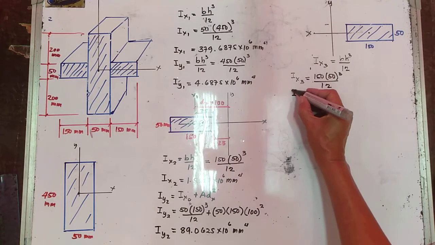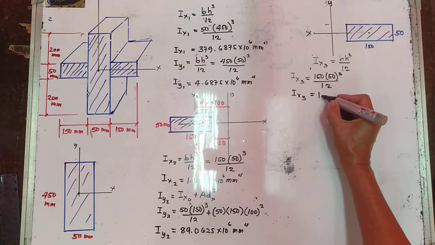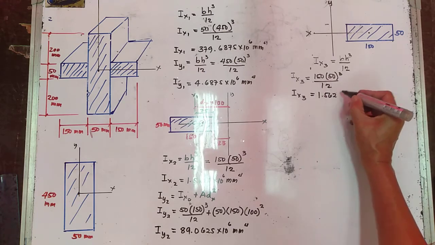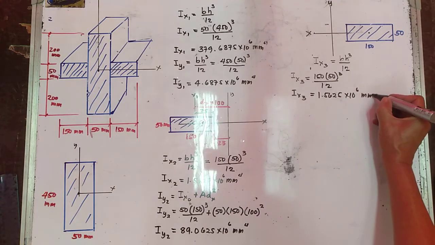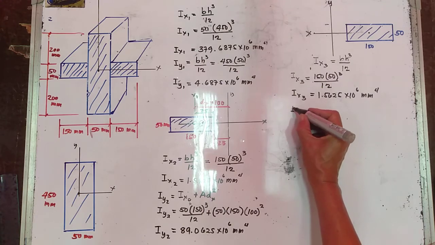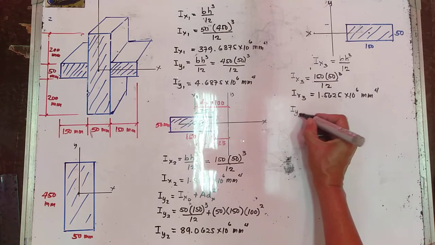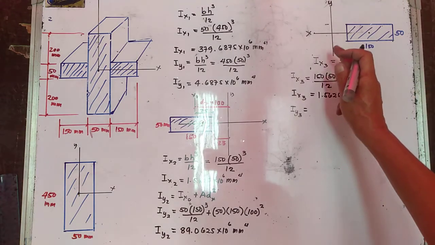So your Ix3 is equal to 1.5625 times 10 to the 6 millimeter raised to the 4th. Again, your Iy3 for area 3.